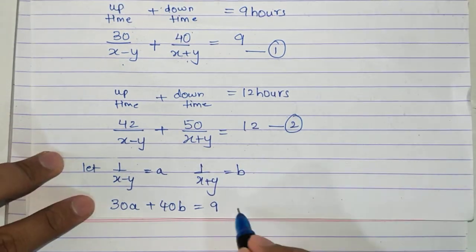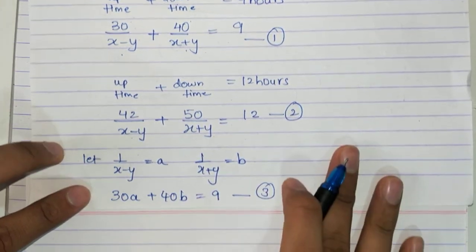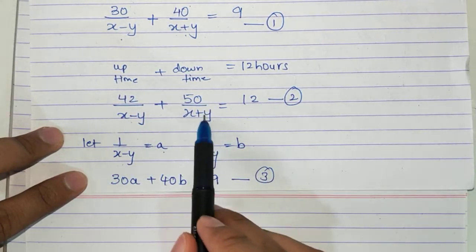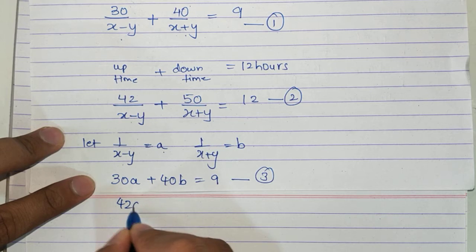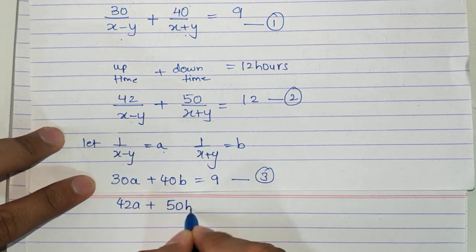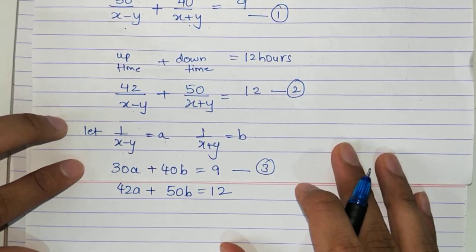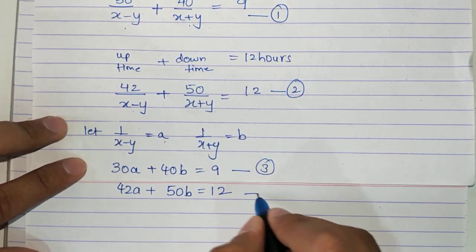Okay, name this as equation 3. And the second equation is 1 upon x minus y, a बन गया और ये बन गया b. So 42a plus 50b equals 12. Okay, now I have both the equations 3 and 4.